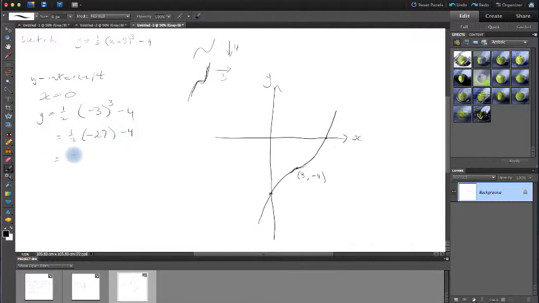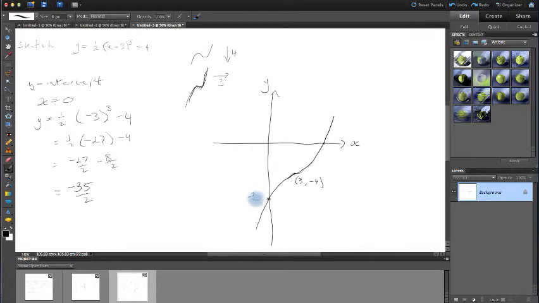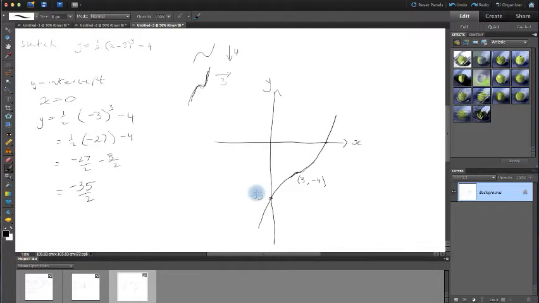So that gives us minus 27 on 2 minus, now I'm going to change this 4 into something with a denominator of 2, which is minus 8 on 2. So that will give us minus 35 on 2. And you can leave it in this form rather than writing that as 17.5. It's usually better to leave it as an improper fraction. So 35 on 2 is the y-intercept.